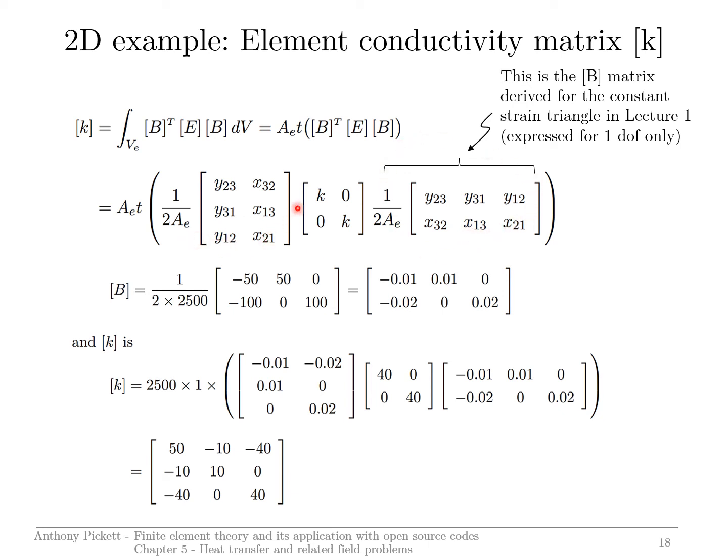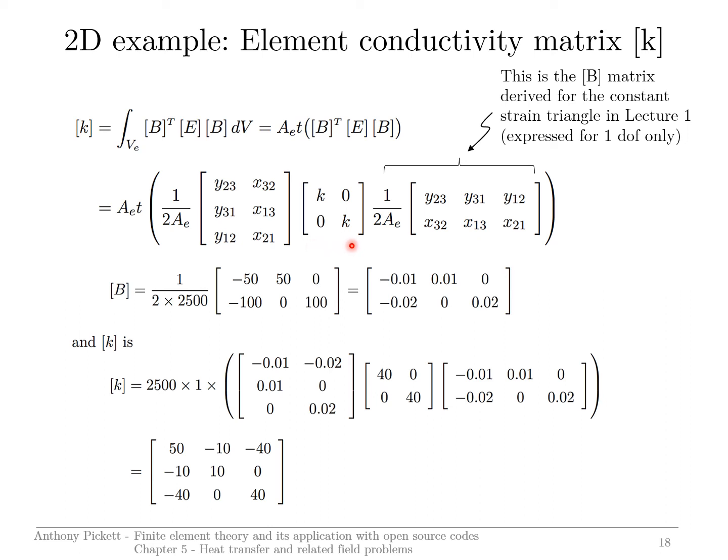This is the transpose of the B matrix given here. The integral for this simple element can be replaced by the area and the thickness. And the property matrix for this particular heating problem, thermal problem, is this matrix here.